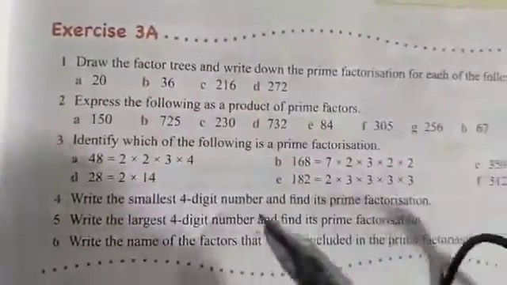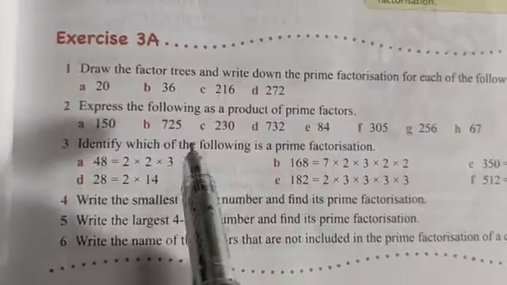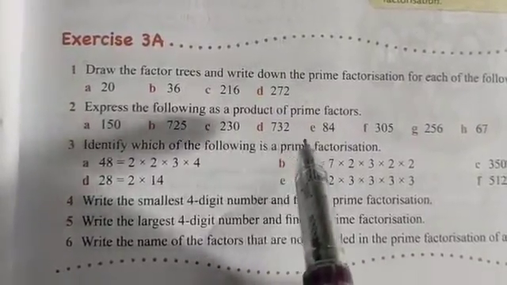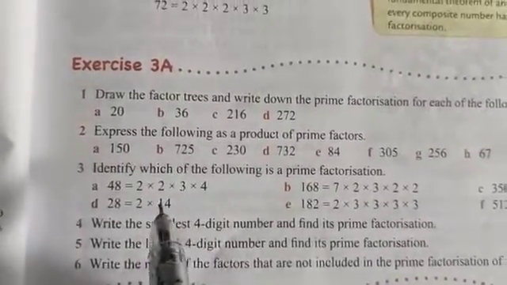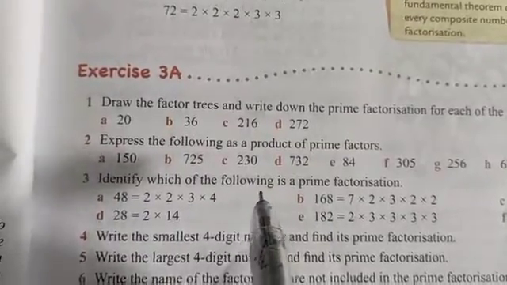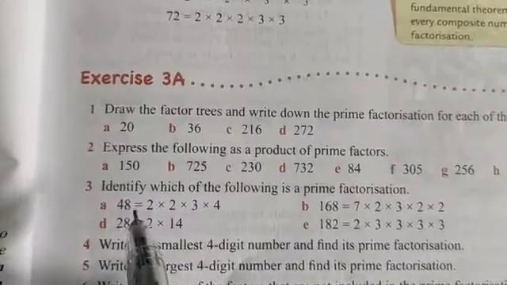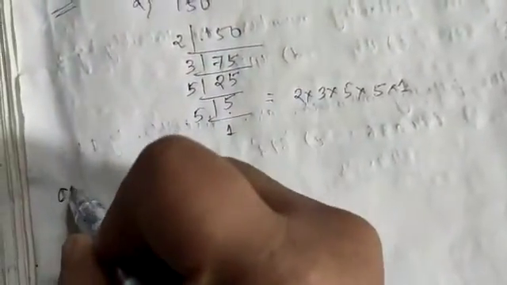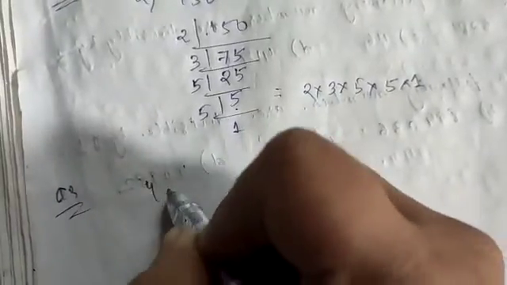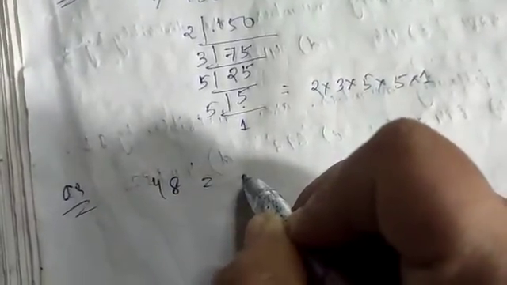Now in question number 3, we have to identify which is a prime factorization. To identify, we need to solve each of the questions to see whether it is correct or not. Let's take 48 first. Options are already given to you. We just need to check whether it is the prime factorization or not.